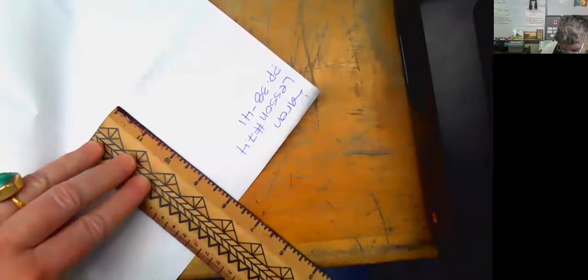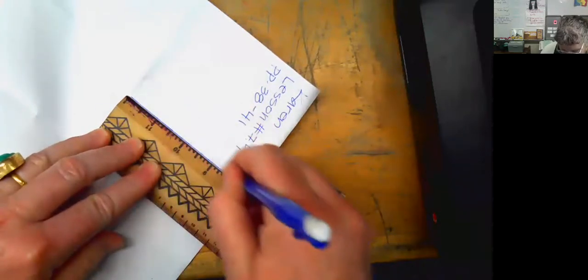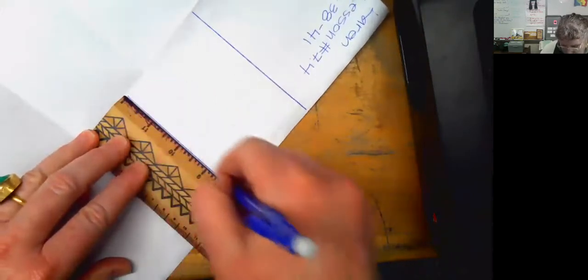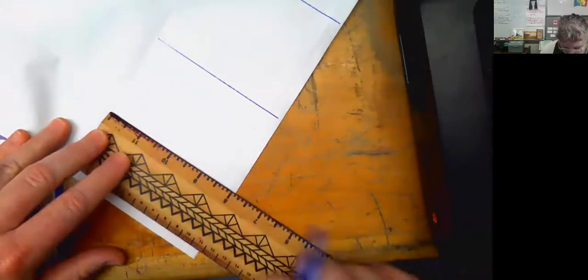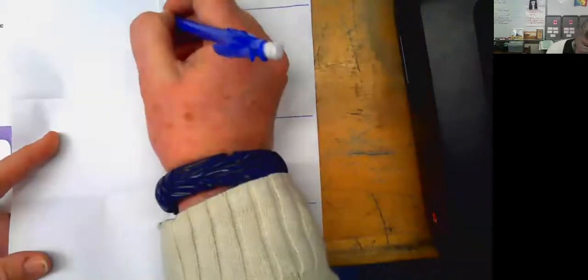All right, so we're going to do number 5. Got my colored pencil ready, and I'm going to use my ruler again going this way because I think it's a little bit easier. Gives me a little bit more room. And also we're going to do 5, 6, and 7. So I'm going to draw my lines in advance just because I can.